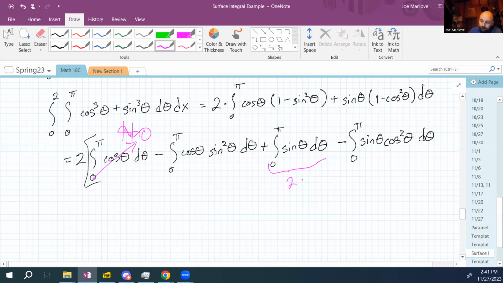Then for the other two, those are both a u sub. So in this one, I let u be sine theta. Then du is cosine theta d theta. So in my next stage here, I'm going to get a 2.